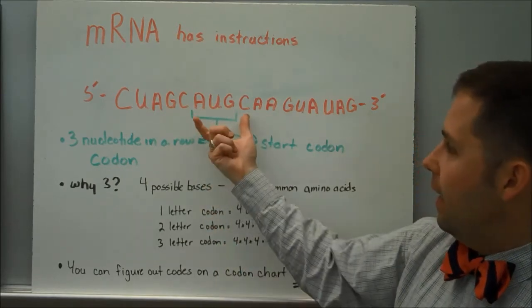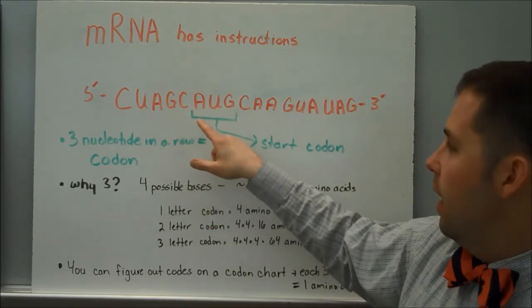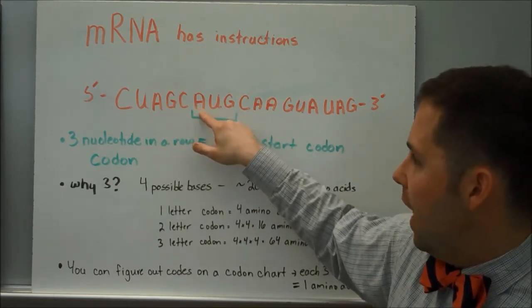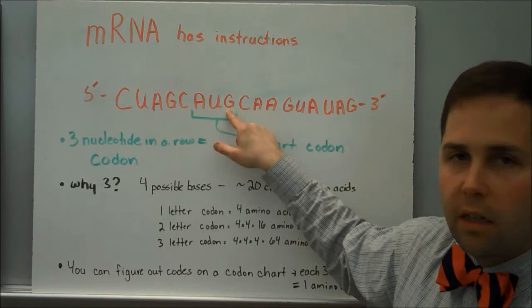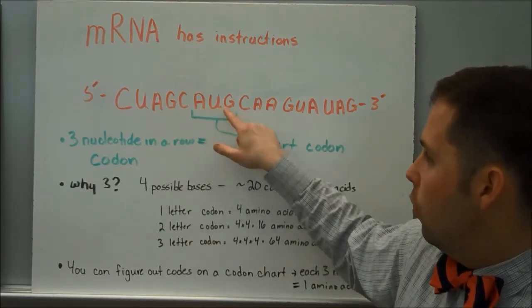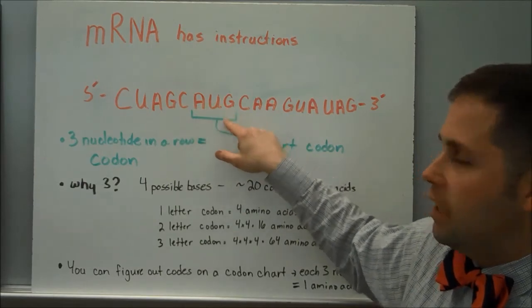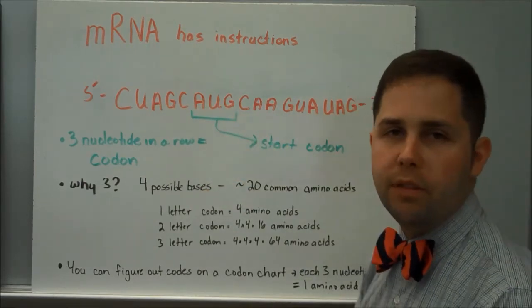But I'll give you a hint and show you that we'll start at 3 special nucleotides in the order A, U, G. So we will call A, U, G a start codon. So whenever you see A, U, G, that means we're going to start a protein there.